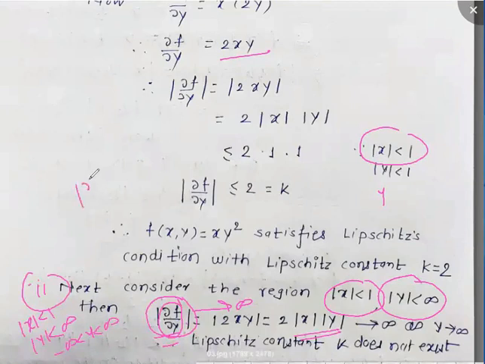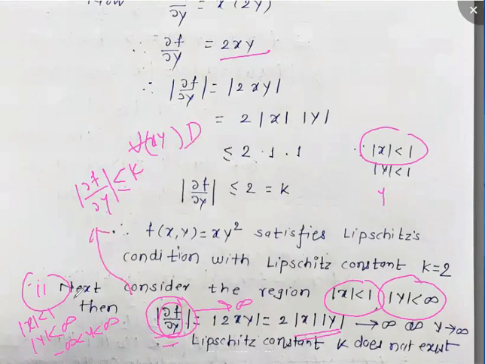There is no constant k for which this derivative is smaller than k for all points x, y in the region D. So k does not exist. So the Lipschitz condition is not satisfied.